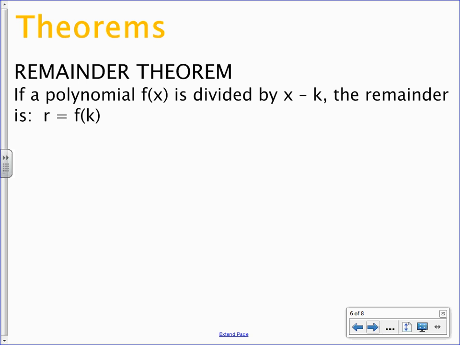What does that mean? Let's read this. If I have a polynomial f of x, I divide it by x minus k, then the remainder is f evaluated at k. Okay, write it down and we'll talk about what that means with our previous example.